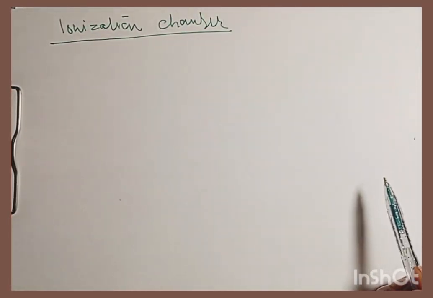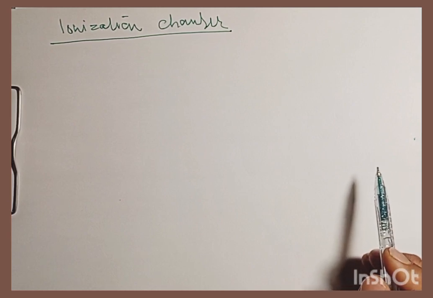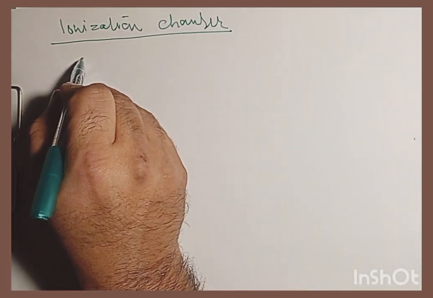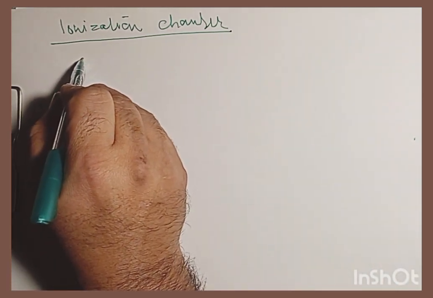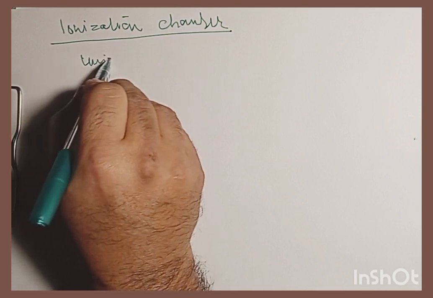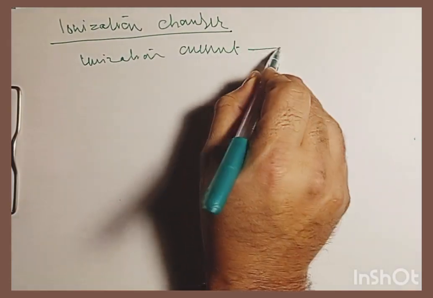It's negligible. So the count rate that it records has the actual ionization current produced, without any multiplication of ions. So we have ionization current in this region.